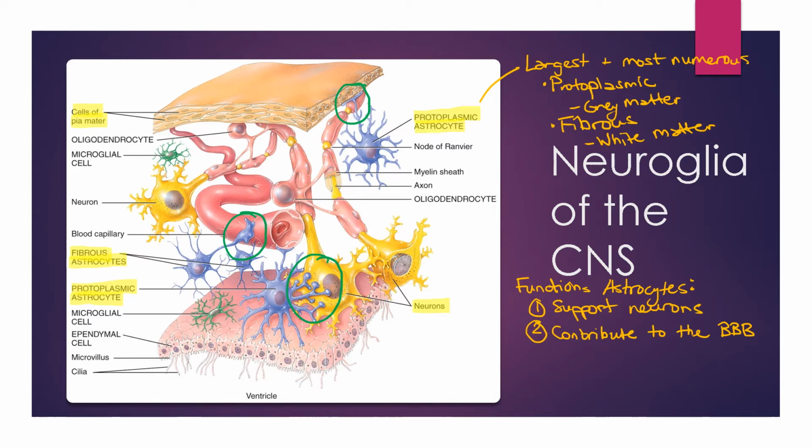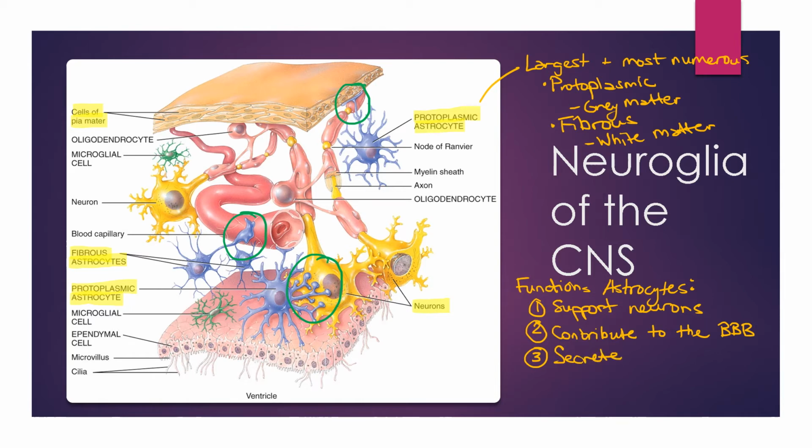Our third function is that in the embryo, they secrete chemicals that regulate growth and migration and interconnection among neurons in the brain.